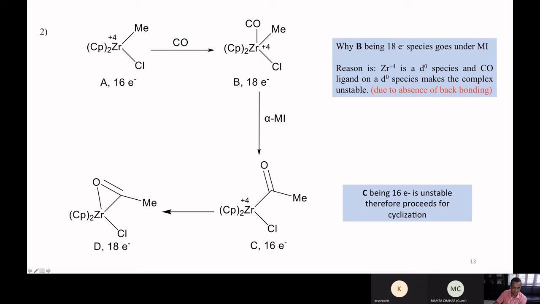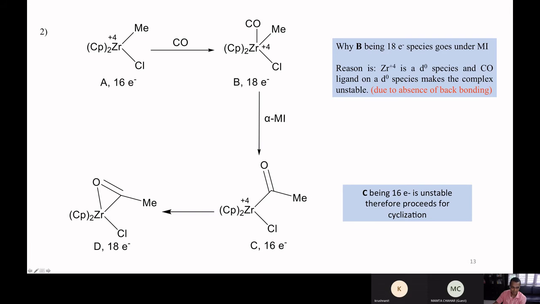It's a 16 electron complex. Okay, this is a zirconium 4 plus d0 system. Cp, cyclopentadienyl, is having 6 electrons, and 2 of them, 6 plus 6, 12 electrons. This is methyl, 2 electrons for this bonding, and chloride, 2 electrons for bonding. 2 plus 2 plus 6 plus 6 plus 0 for zirconium.